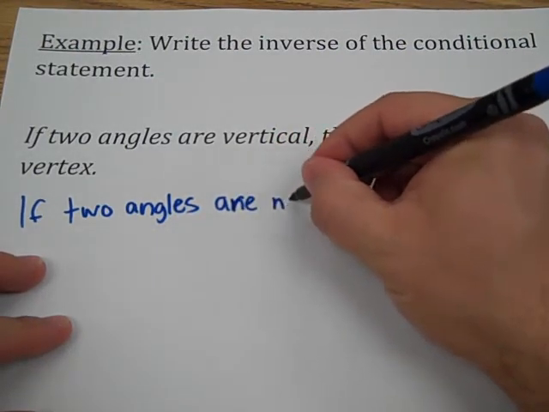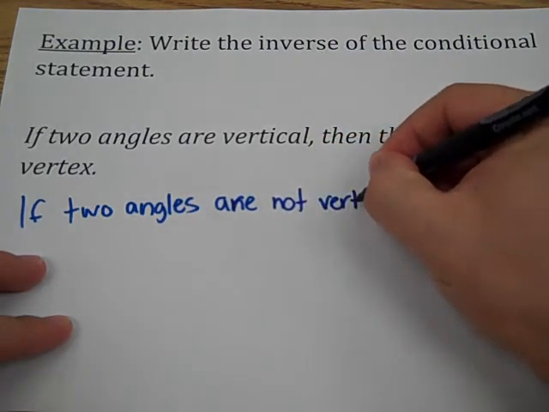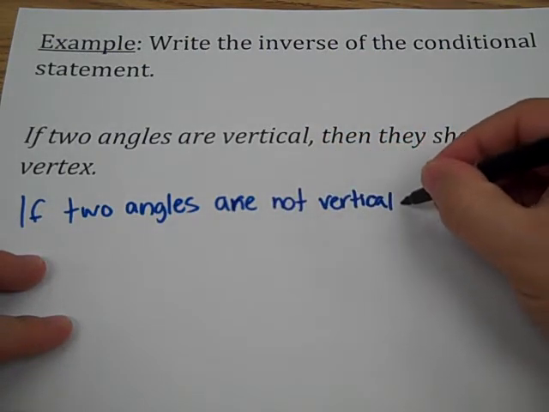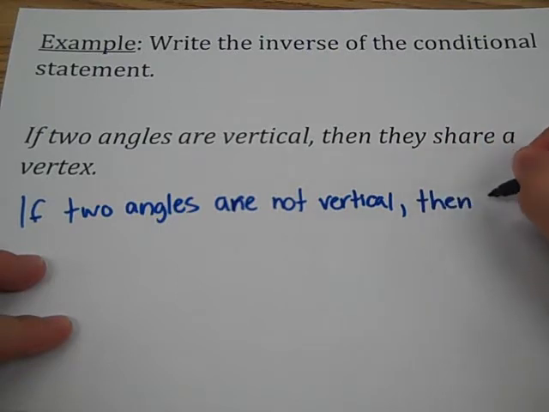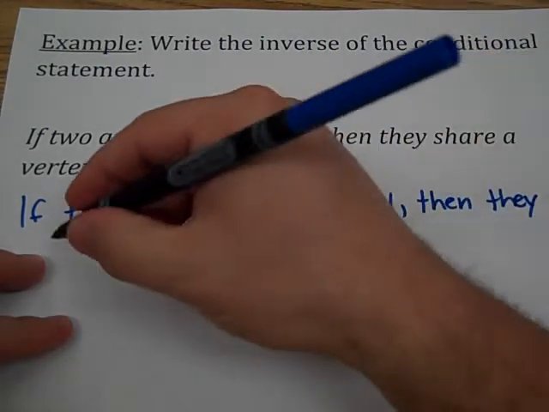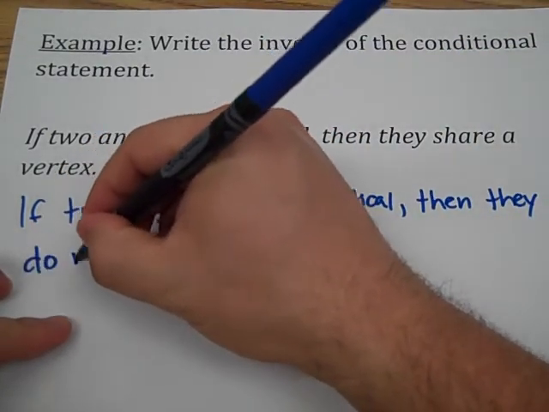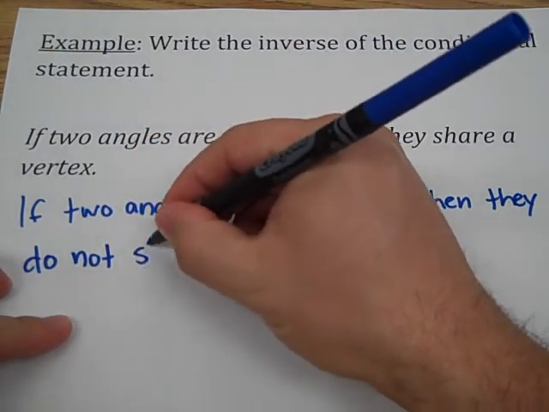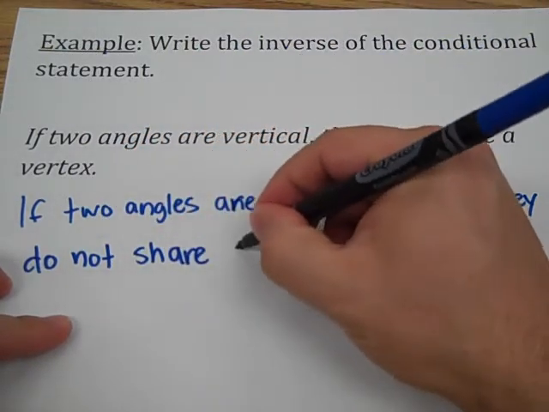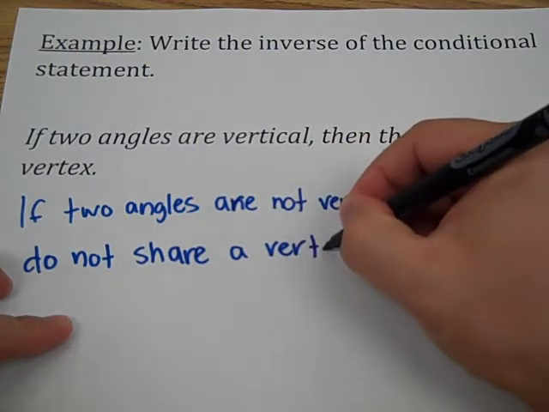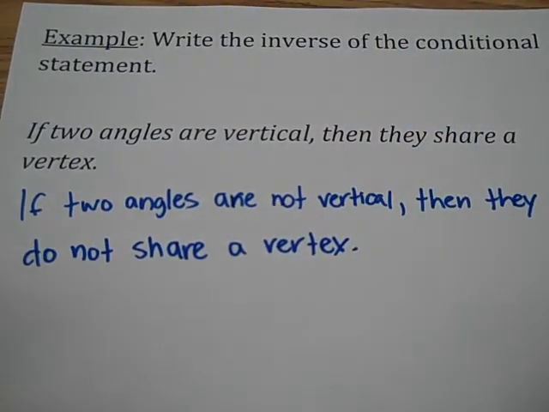If 2 angles are not vertical, then they do not share a vertex. So I just changed the meaning of P and Q. Instead of saying 2 angles were vertical, I said they're not vertical. And also they do not share a vertex.